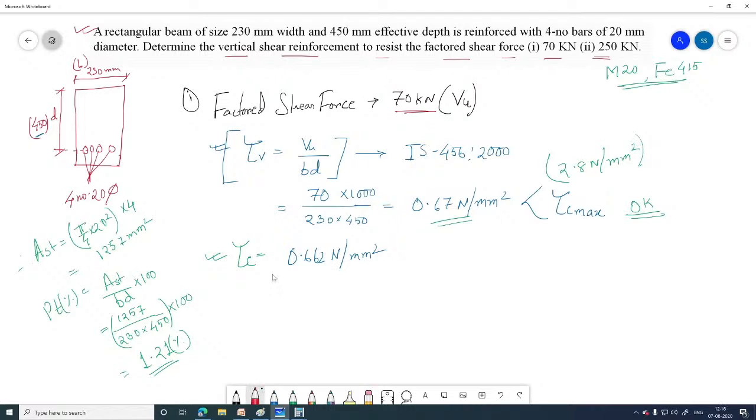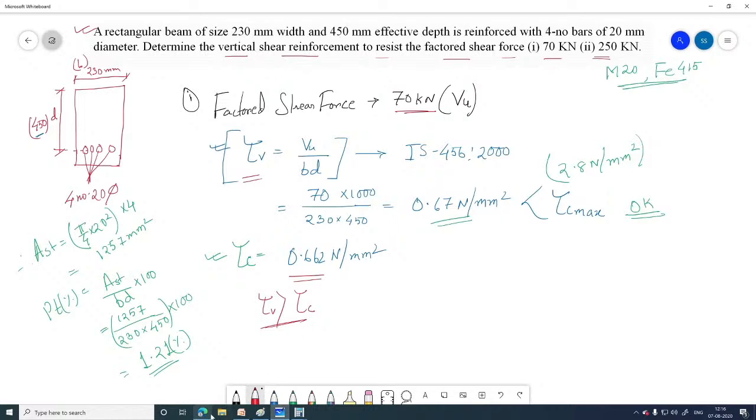Look, now we have determined the tau c value from table 19, and we also know the tau v. Now the question is whether the shear reinforcement is needed or not. That particular thing we need to see, right? So what is the condition that the shear reinforcement is needed or not? That is tau v greater than tau c, whether this condition is satisfied or not.